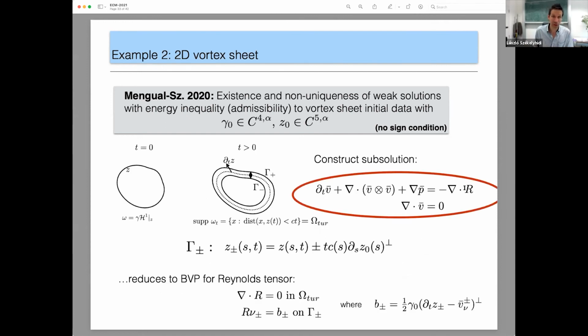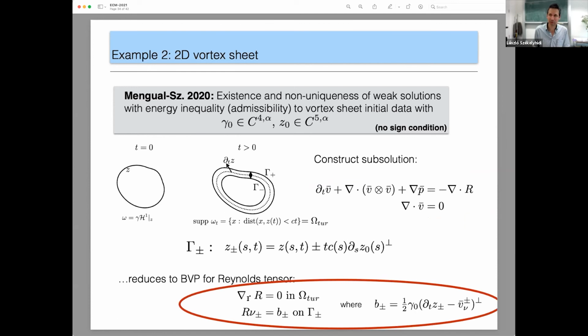Okay, so how to construct such solutions? Well, the idea is just to look at the subsolution equation, which I had earlier. So this equation we get from the closure ansatz. So we have this additional R, and then you have these boundary curves, gamma plus and gamma minus, which are just translates of the original curve, which is also evolving in time. The equations reduce to a boundary value problem for this tensor.